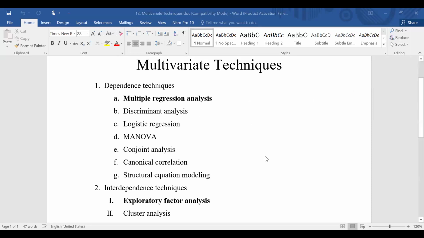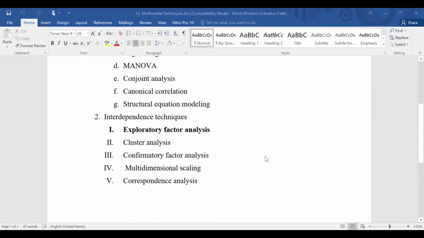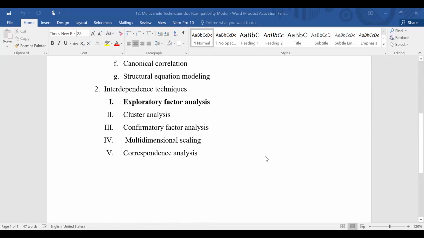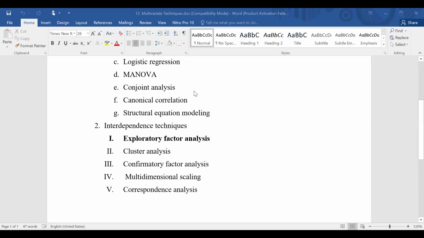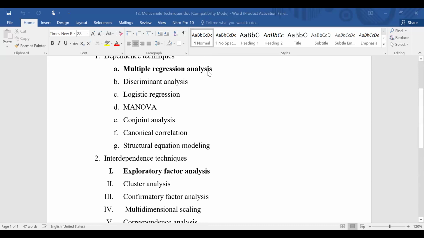So before applying any particular technique, we should understand the prerequisites of this technique, what type of questions we should prepare in our questionnaire, what should be the sample size, how to prepare questions for dependent and independent variables. The second point is that in all the dependence techniques, we can find out the relationship between dependent and independent variables, as well as we can test our hypothesis.